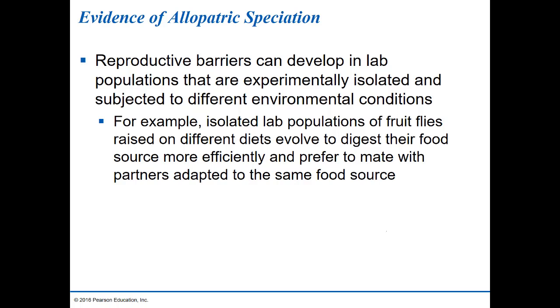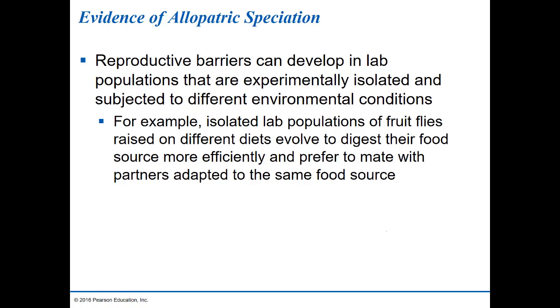Otherwise, if you were doing it with dogs, one person in their lifetime might not be able to see evolution actually occurring. But when you use animals that reproduce at a very fast rate, like once a month, and reach sexual maturity very fast, you're going to be able to see evolution occurring a lot quicker. There's an example with fruit flies that are raised on different diets.